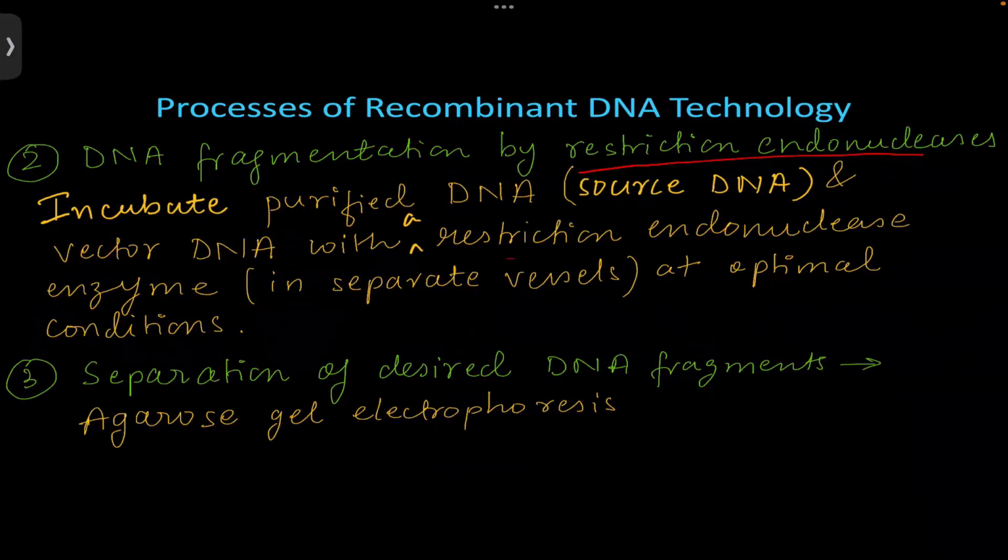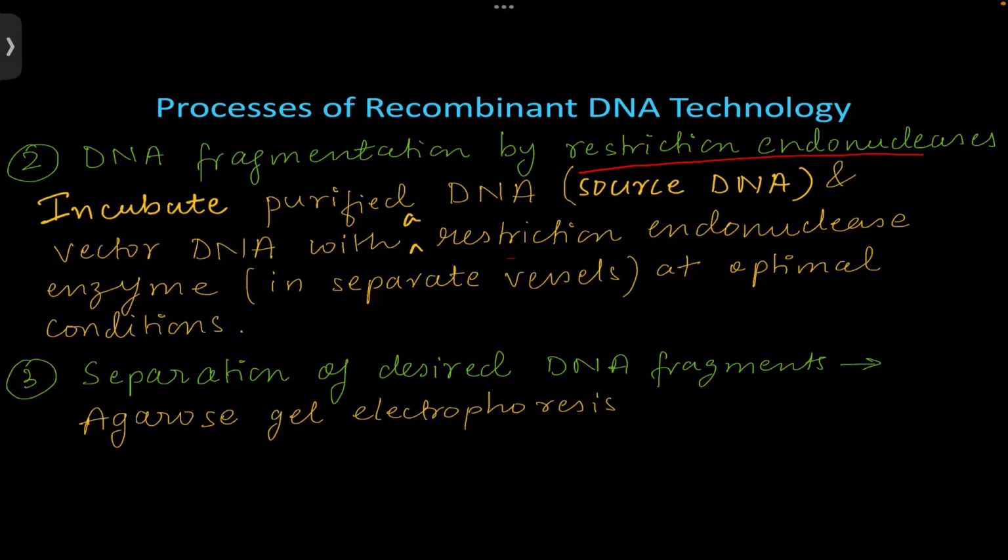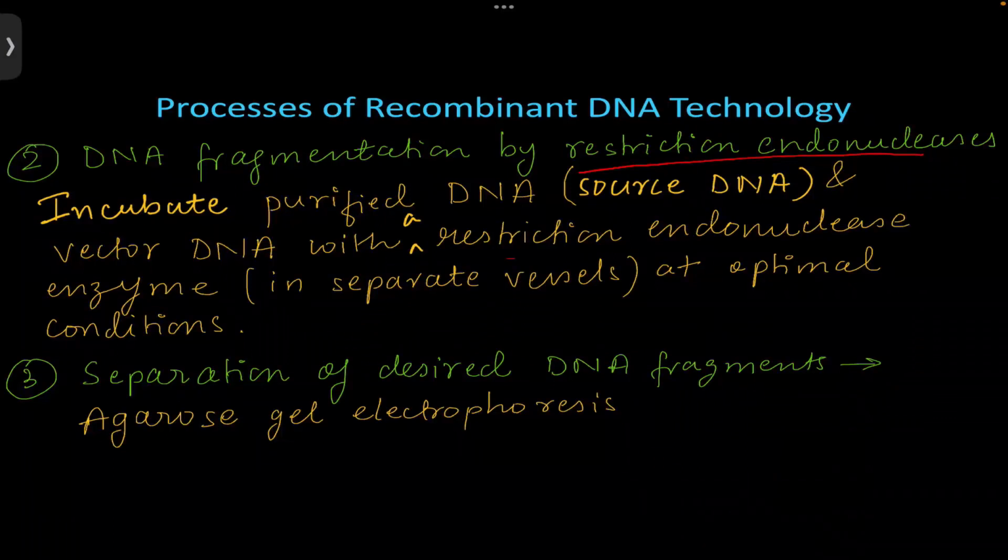Okay, say EcoR1. Now, you also need to incubate your vector DNA, like a plasmid vector such as pBR322, with the same restriction enzyme, EcoR1. But they should be done in separate vessels. Like in one vial, you have your source DNA plus EcoR1.